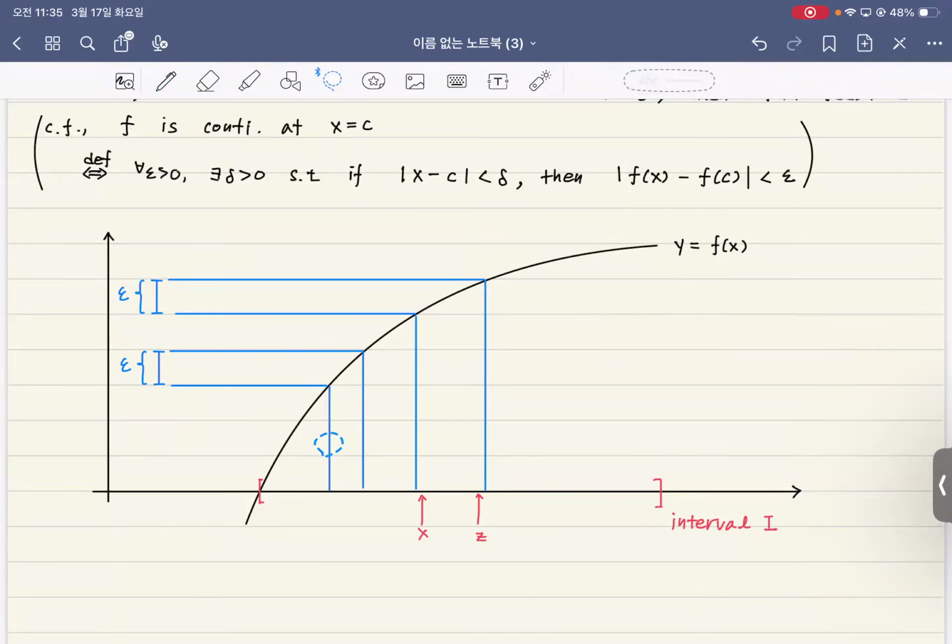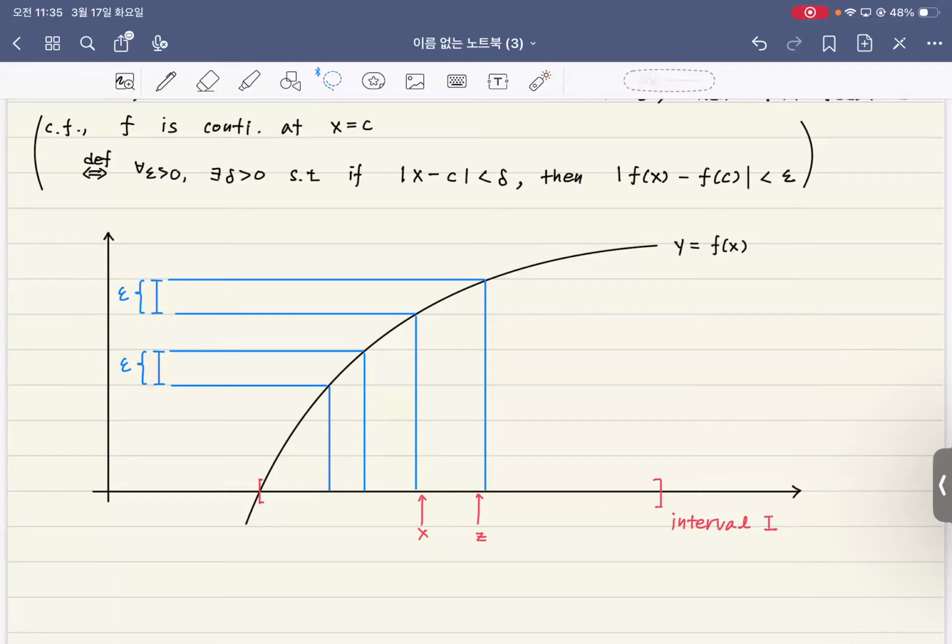I know this is getting a little bit tedious, sorry about that. But being separated by this delta does not guarantee the difference of the function values is less than epsilon, right?